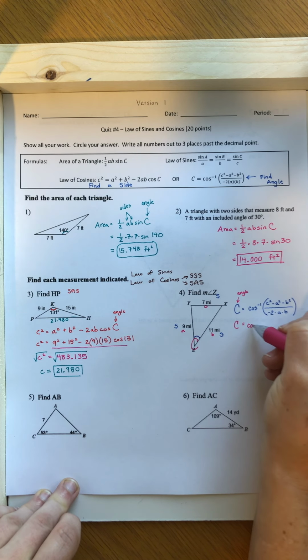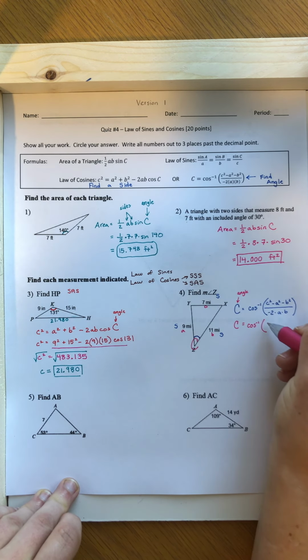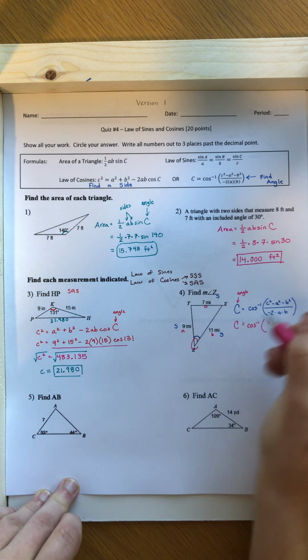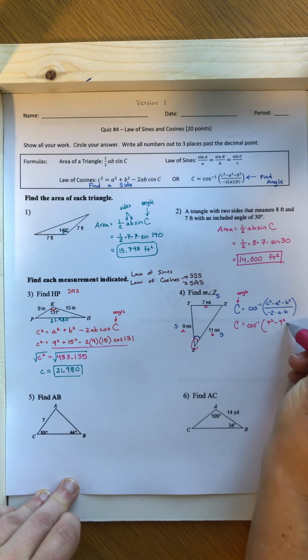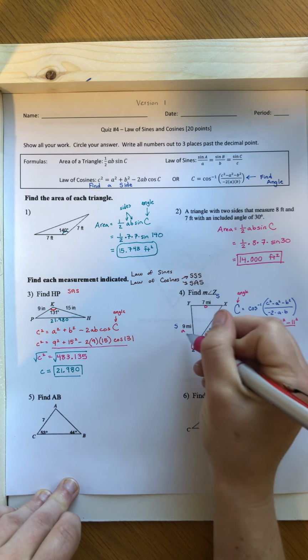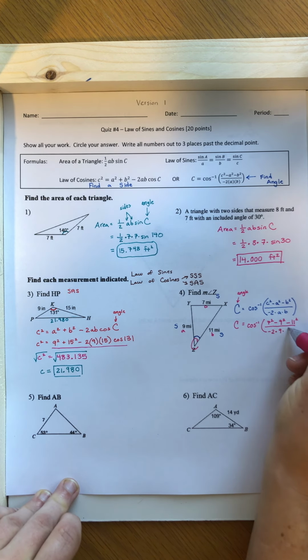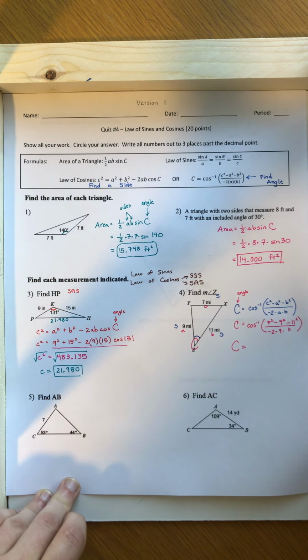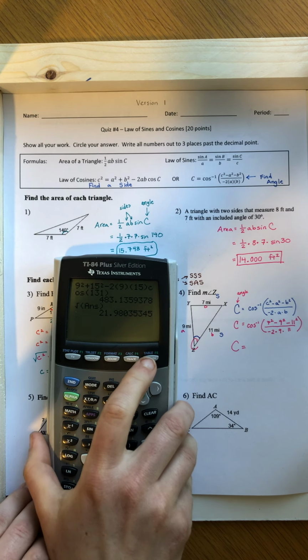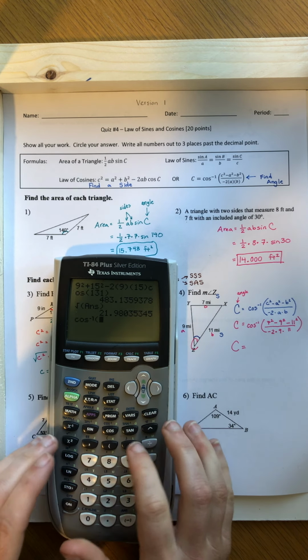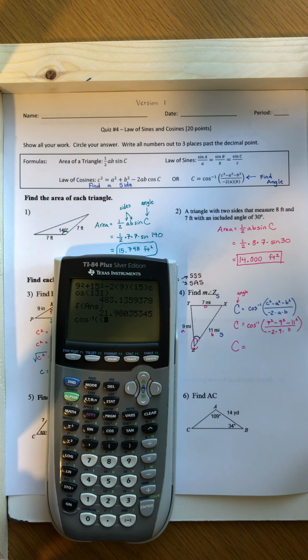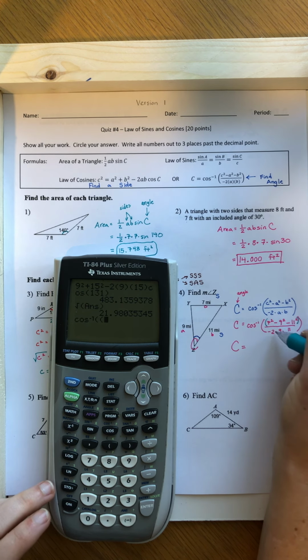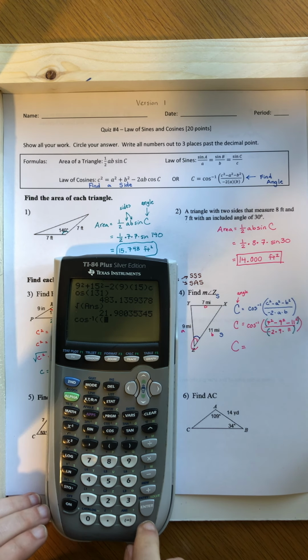So let's plug them in. C is 7, so 7 squared. A is 9. B is 11. So you're just going to put that whole equation in the calculator. Now you have to add an extra set of parentheses in the numerator and in the denominator if you're using this type of calculator.